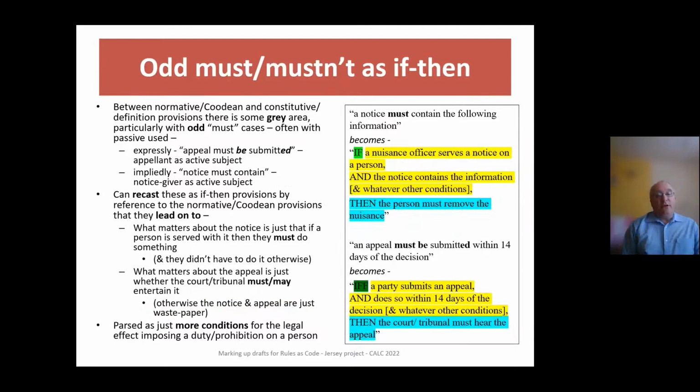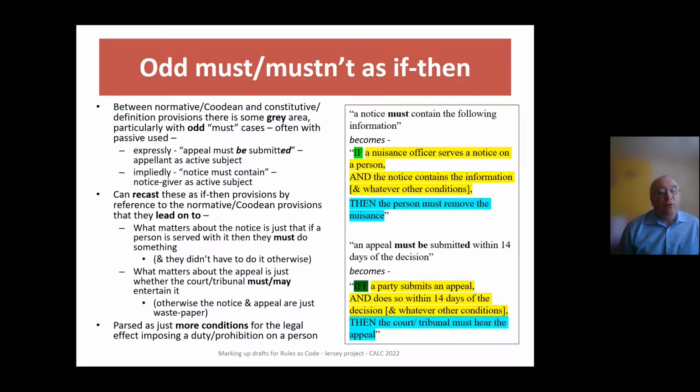Then there are other things that can be parsed as if then statements. So there are these slightly odd uses of must in legislation since we've dropped shall, where we say a notice must contain the following information, or an appeal must be submitted within so many days.